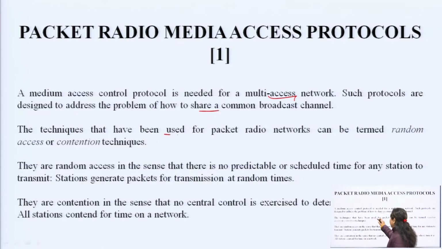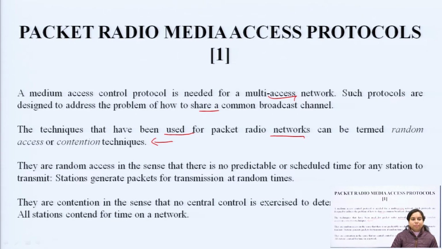The techniques that have been used for packet radio networks can be termed as random access or contention techniques. Now, what is random access? Let us say 4 users are connected to a common channel.